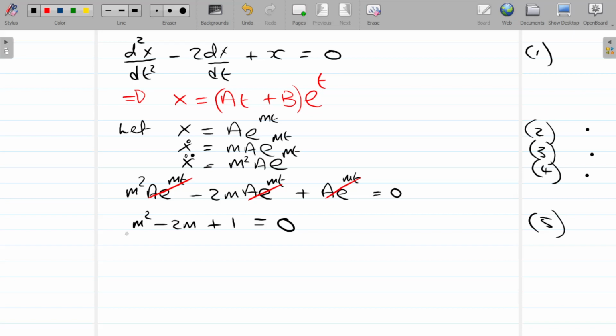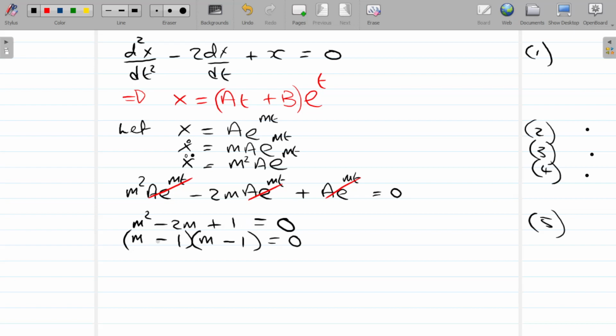Now, this is hopefully quite easy for you to solve. So we can factorise this quadratic equation to give (m minus 1) times (m minus 1). For anybody who isn't sure, if you multiply this out again, you will get equation 5.